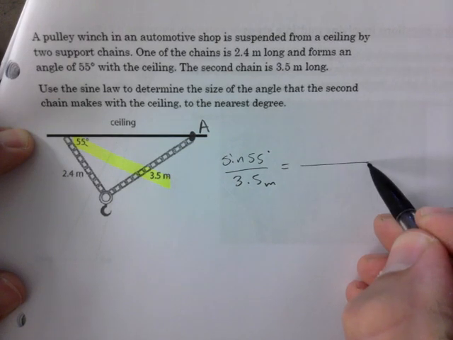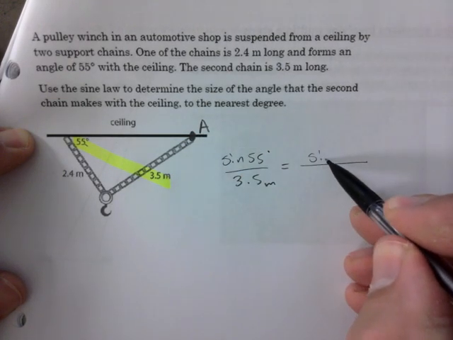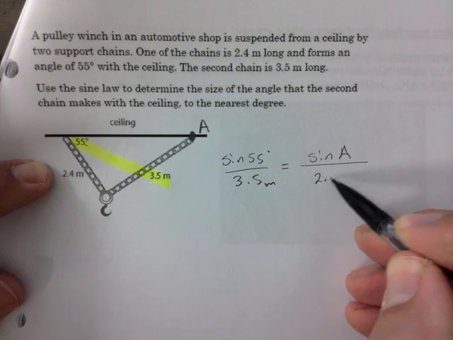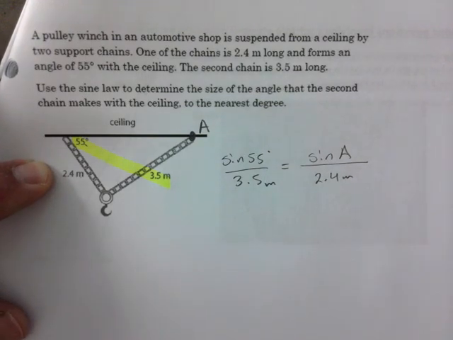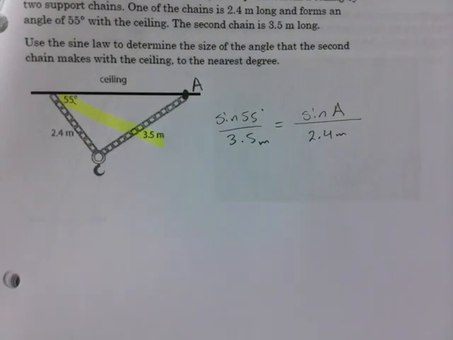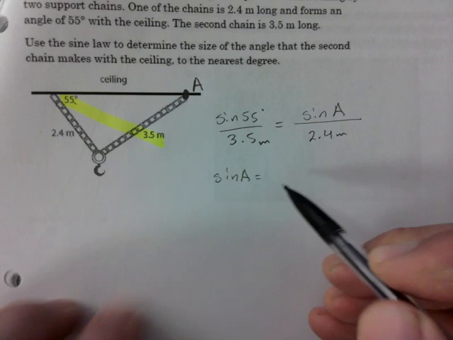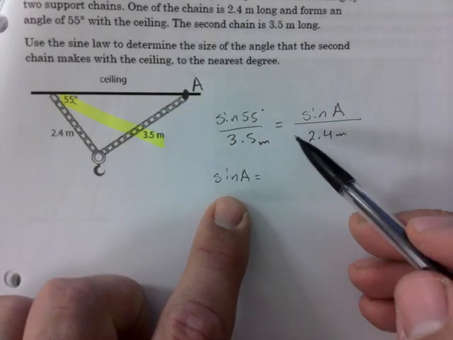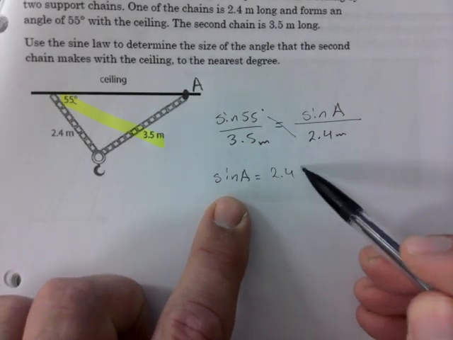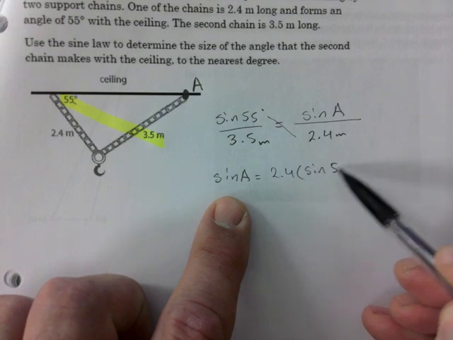And then on the other side, sine of A, not just A, over 2.4 meters. Bingo. That's a mark right there, guys, just the correct setup. And then this is a little different. You have to cross multiply and divide, just like before.